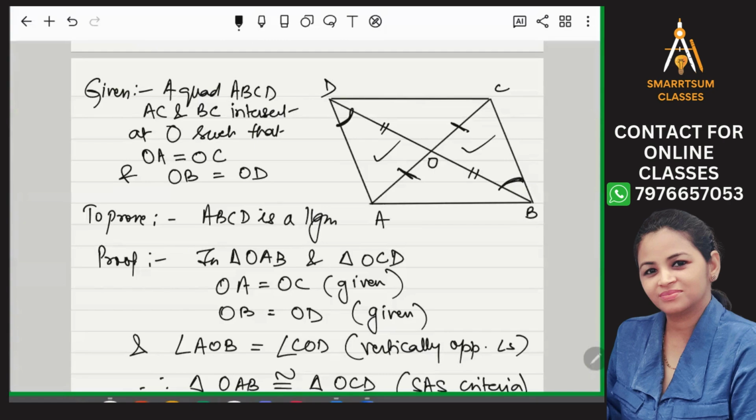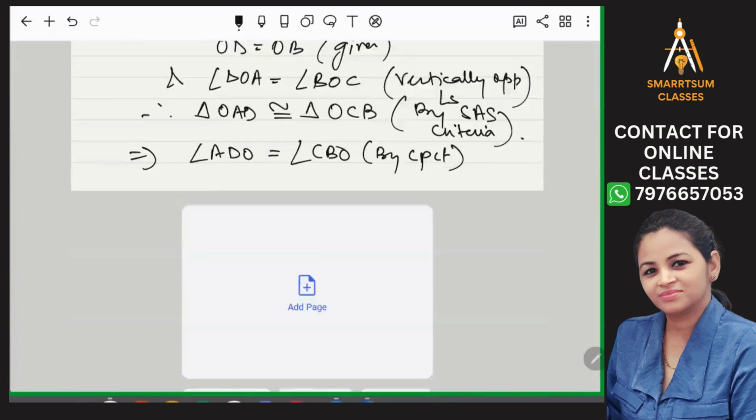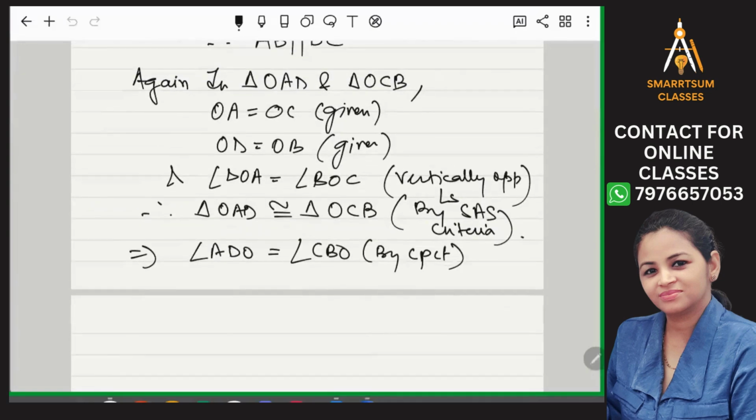Again, these two angles are the alternate interior pair of angles for the set of lines AD and BC cut by the transversal BD, right? Okay, getting that. So write down that from this we can say that angle ADO is equal to angle CBO by CPCT, right?